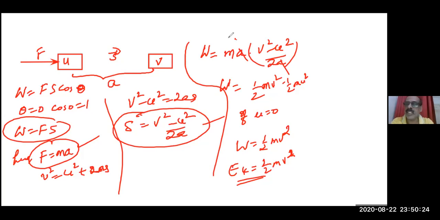Then W is equal to F into S. Here F is equal to ma, and V squared is equal to U squared plus 2as, so V squared minus U squared is equal to 2as.